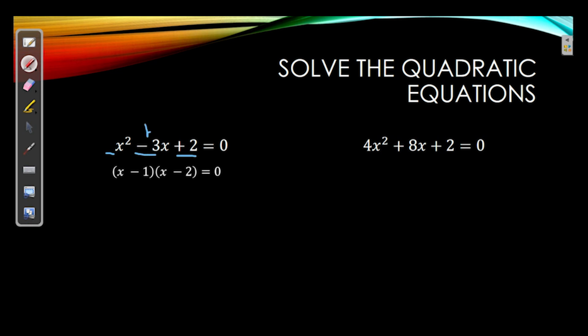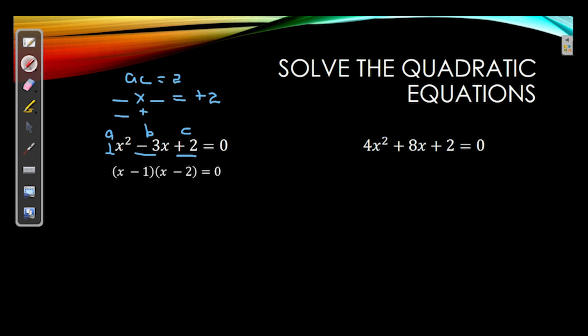So we use a and c to get a product of positive 2. So AC is equal to positive 2, and remember we want a pair of factors of 2 that give a product of positive 2, but if we add them together, we should get negative 3.